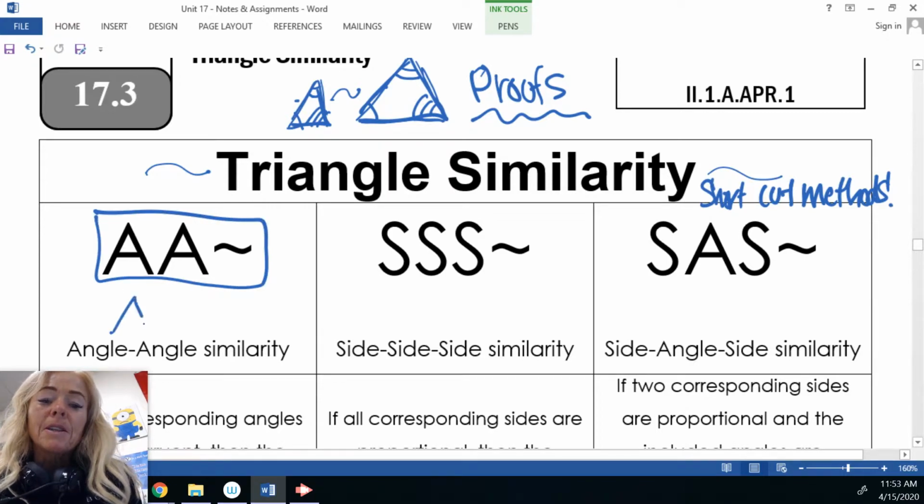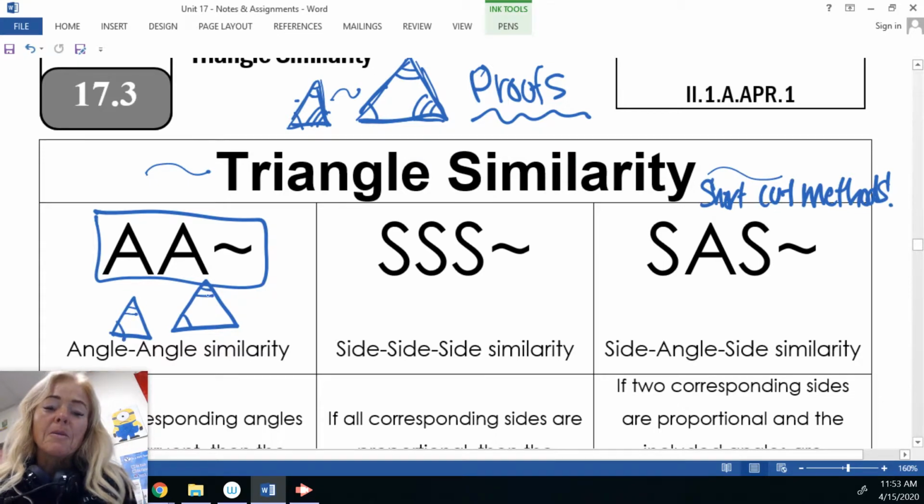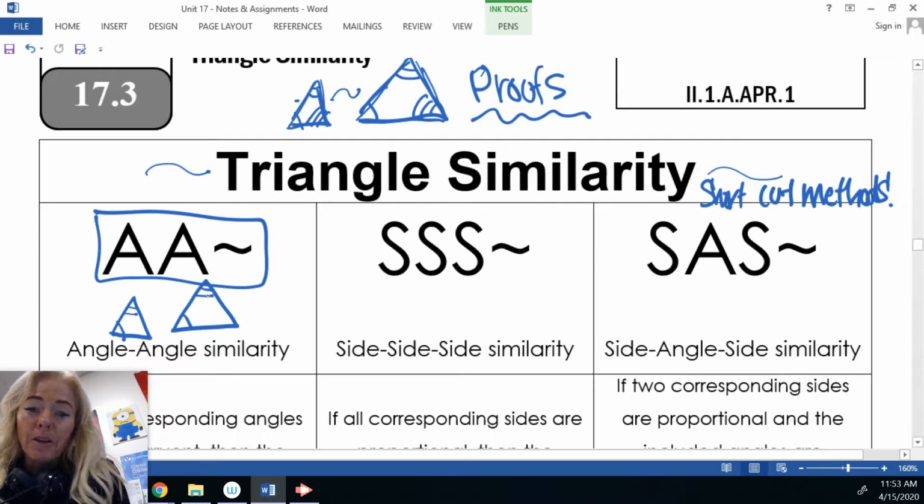What this says is that if I have 2 triangles and I have 2 of the 3 angles that are congruent to each other, so I have 2 sets of congruent angles, then the triangles can be nothing other than similar. They have to be similar. Now, if I have this angle and this angle congruent, what has to happen with the 3rd angle?